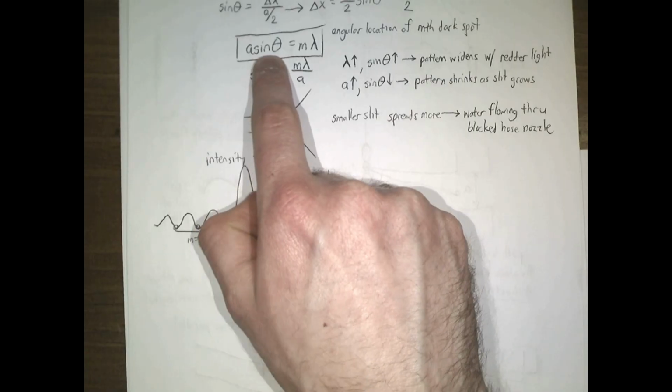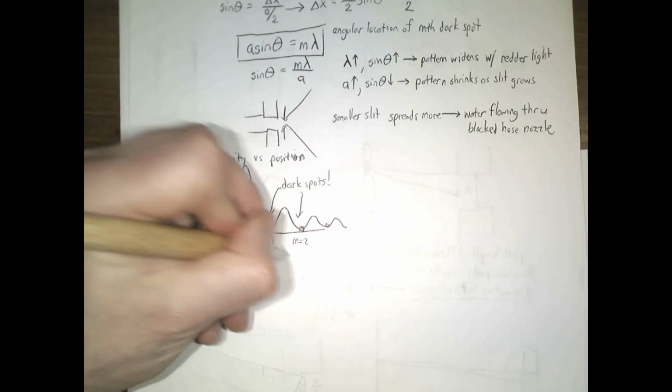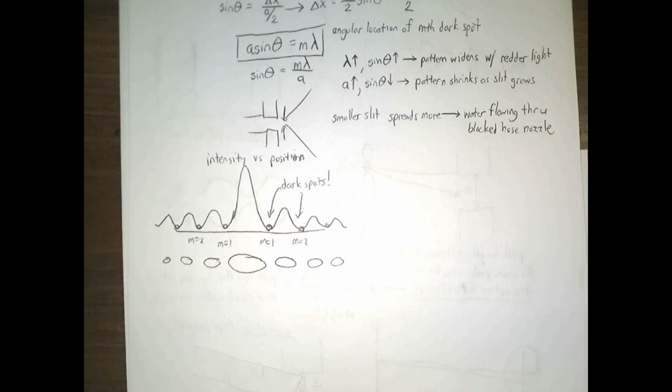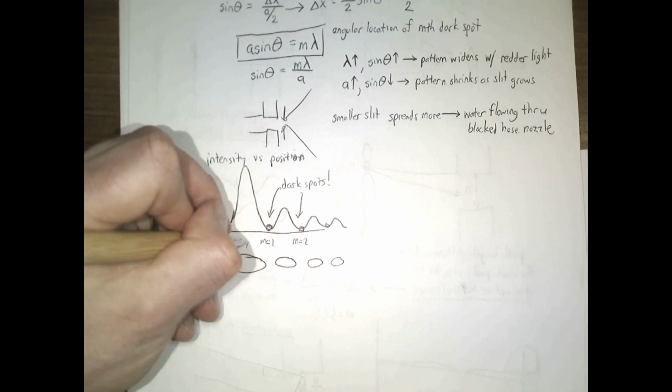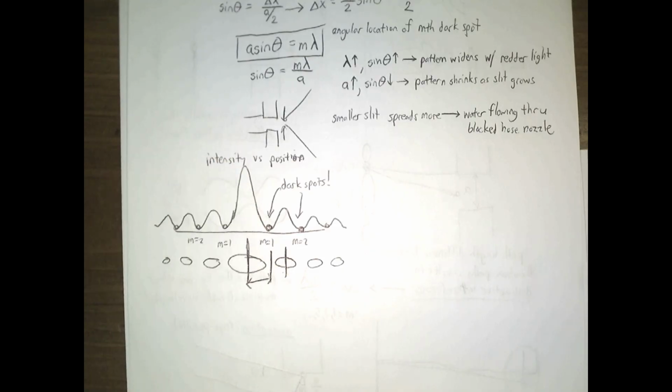Sometimes the angle is an impractical thing to measure. And so instead what you would want to do is once you get this pattern, so if this is how the pattern looks in intensity, what it would actually look like on the screen would be a big spot there and then smaller spots coming out. Instead of measuring the angle, what you might actually want to do is measure from the center of the system the distance at which the center of the dark spot appears.